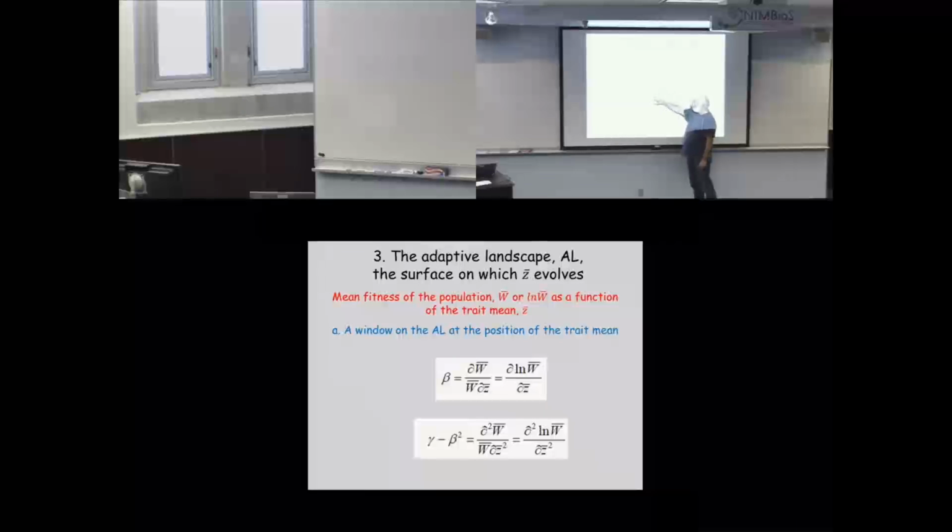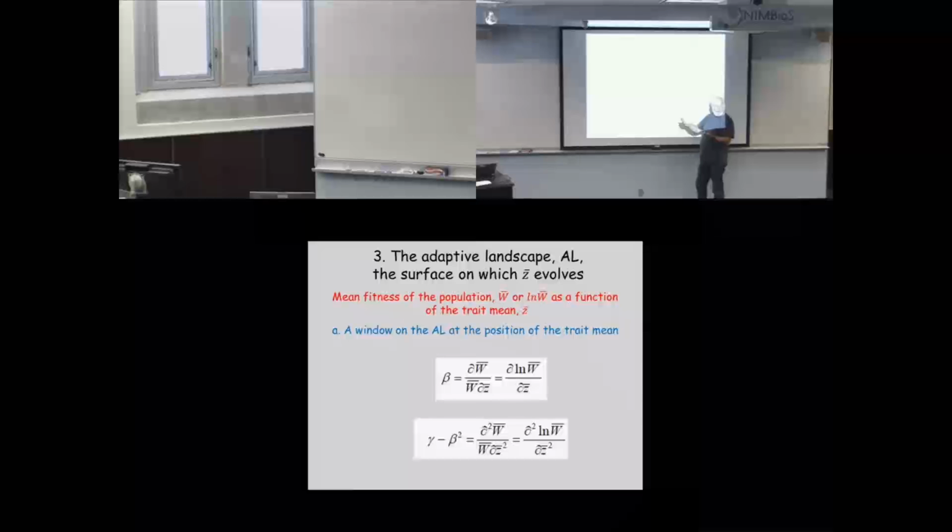We're actually going to standardize by the average value of fitness here, right? So this is also equivalent, getting rid of this W bar, to the first derivative of the logarithm of W bar as a function of z. I'm sorry, this just helps if you're into calculus, and if you want to see the actual expression that we would use when we're actually programming, you're going to need that.